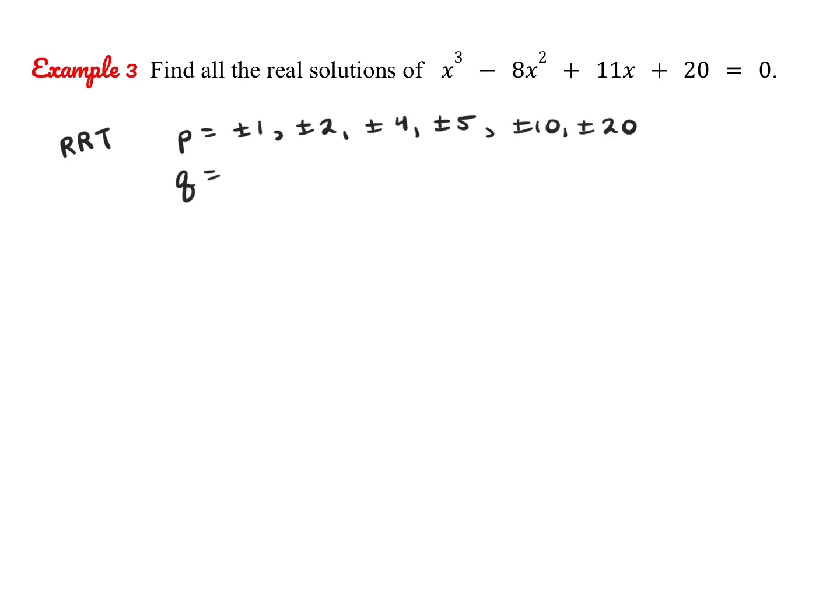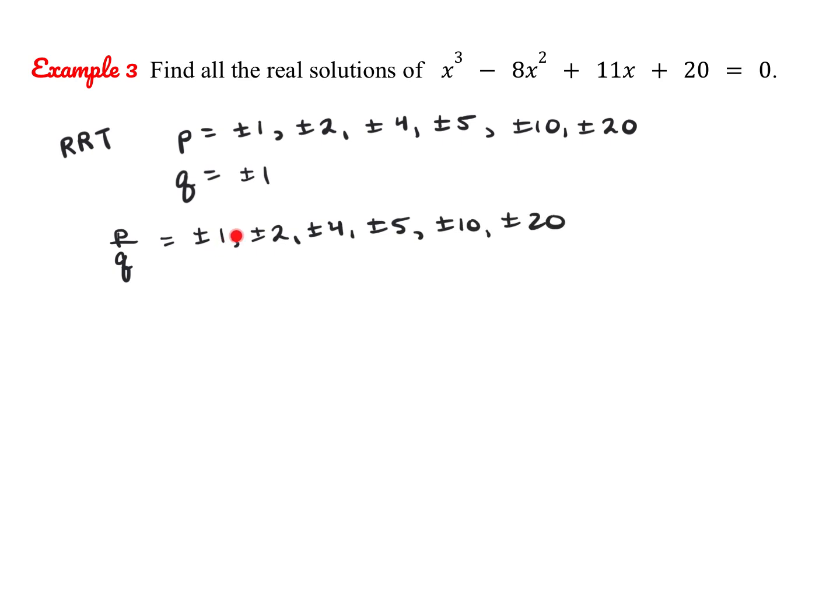And then I can list out my q values, which is just the factors of my leading coefficient, which is just 1. And then we're going to list out all possible combinations of this p over q, which we could see are just the p values. So plus or minus 1, plus or minus 2, plus or minus 4, plus or minus 5, plus or minus 10, and plus or minus 20.